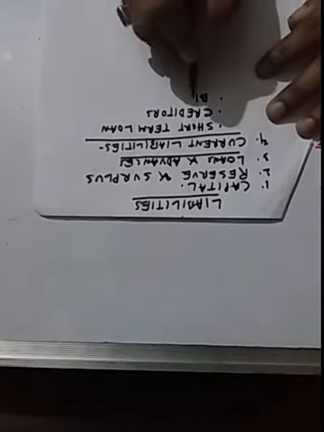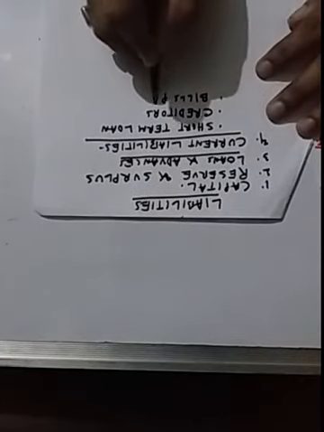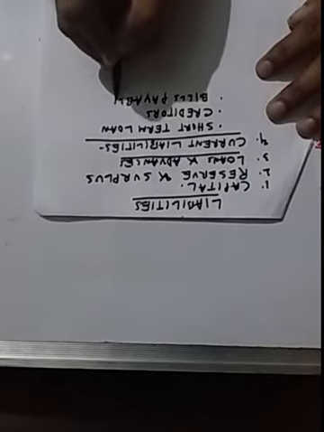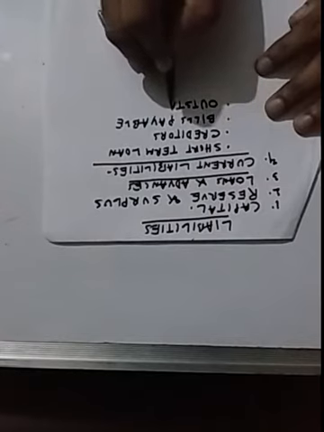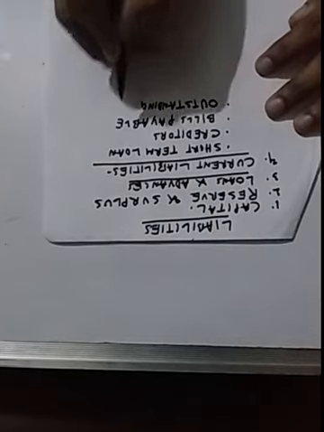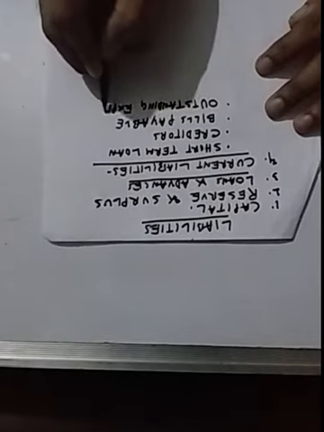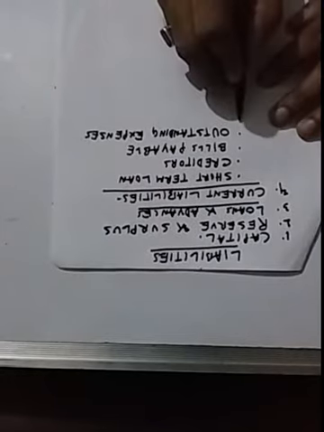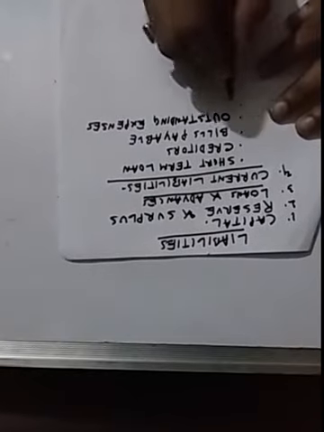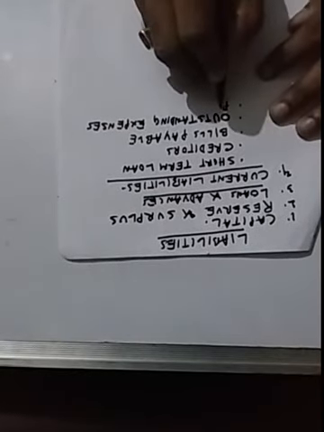Next, bills payable. Okay. Next is outstanding expenses. Next is pre-received income.